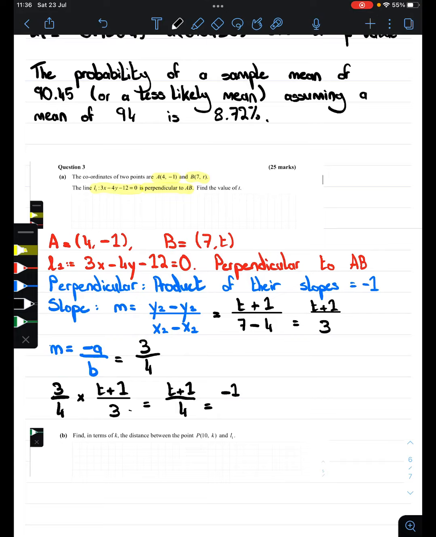And then we just solve for t. It's just as simple as that. We multiply both sides by 4, t plus 1 equals minus 4, and then bring the 1 over, so t equals minus 5. And that's our value for t.